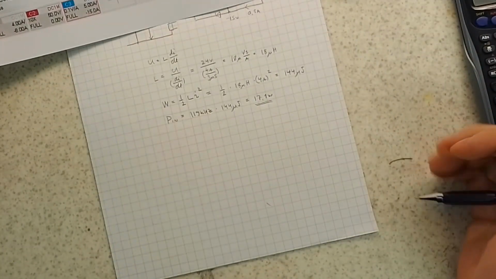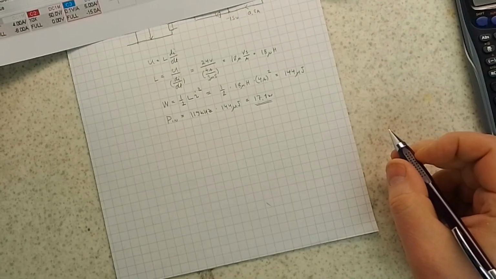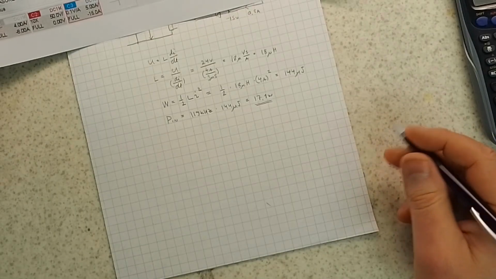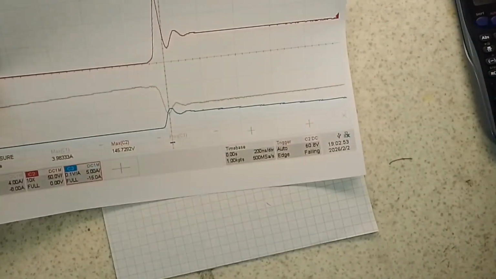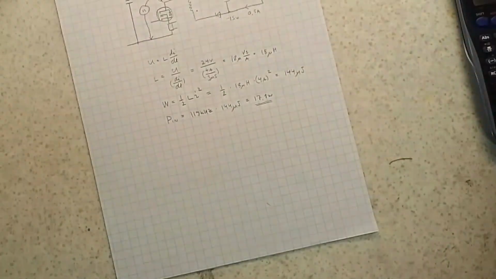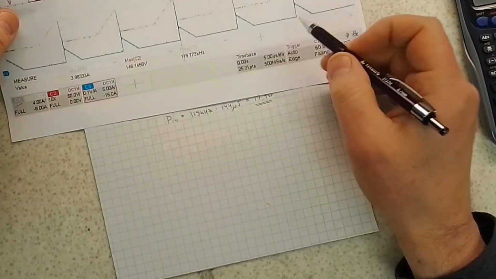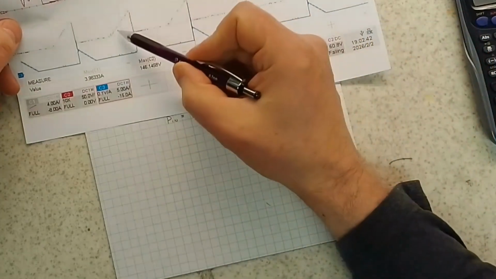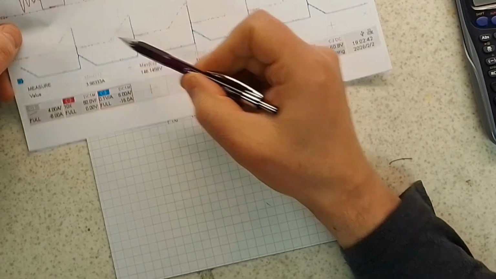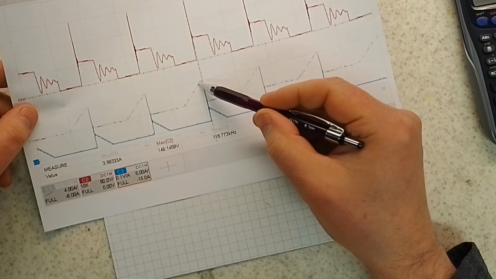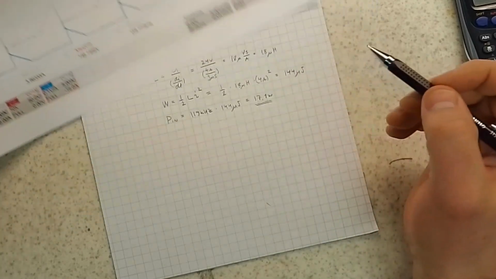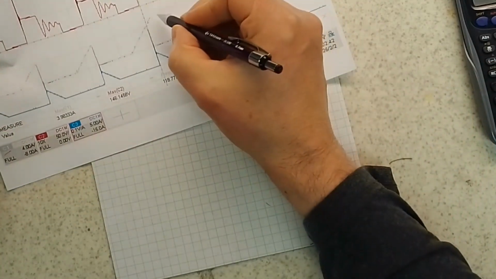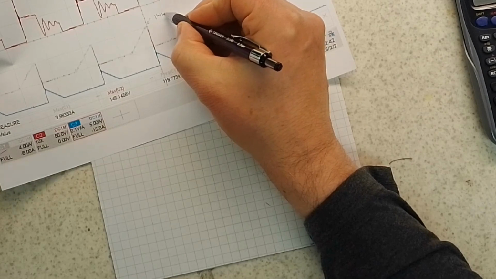So about here, we can see here we store energy, which is maximum here, which was this 144 microjoules.